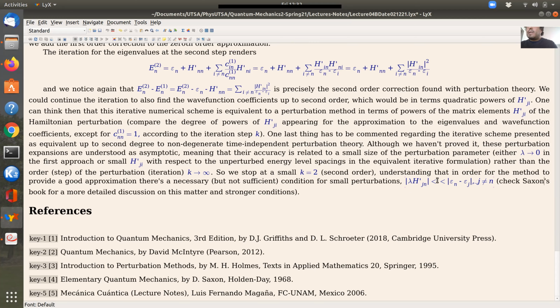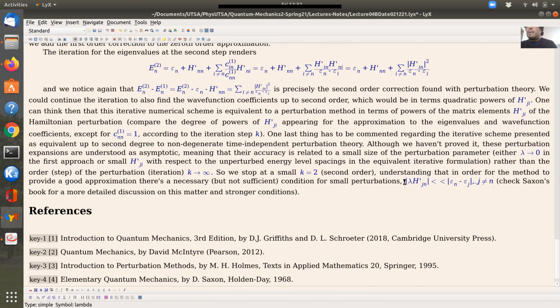So again, the perturbation has to be small, meaning that either this parameter is small, or the matrix coefficients are small with respect to their respective energy differences. There is a stronger condition, which I don't think is sufficient either, but it's stronger and it calculates the standard deviation of the matrix element related to H prime. But you'll have to check more. It's beyond the scope of the course.